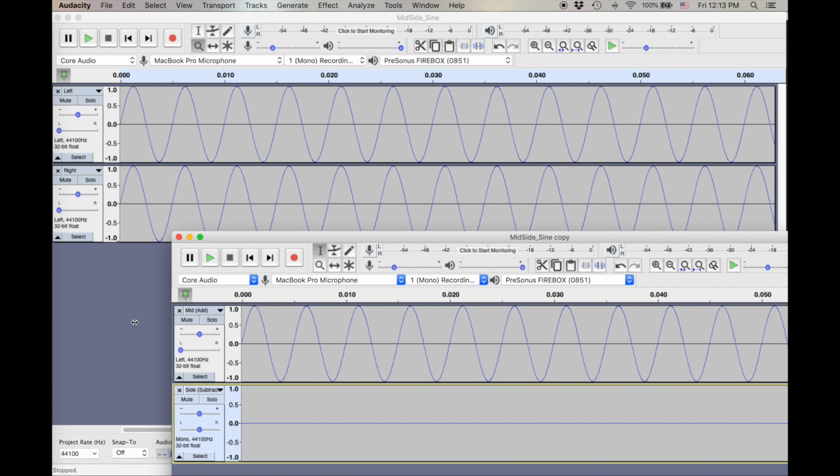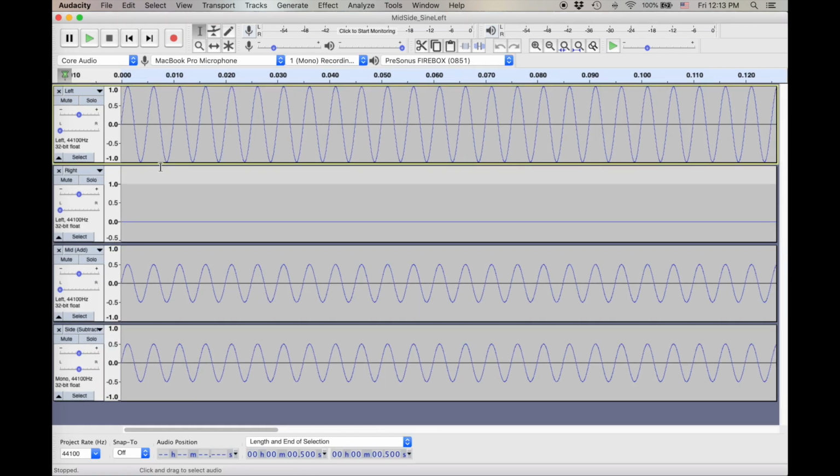All right, let's check out this. Now here I've got them all in the same project, but here's my left, here's my right. This time, I've got the sine wave panned hard to the left, and nothing is going on the right. Sorry, it's off center there for some reason. I must have zoomed in, but this is just silence here.